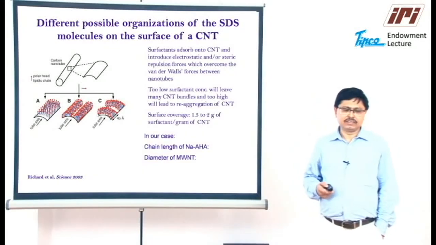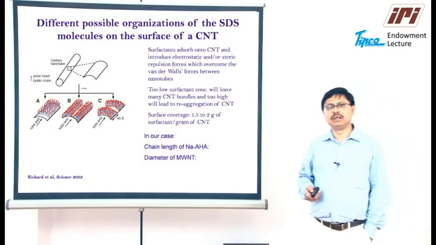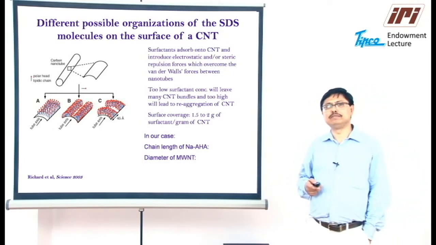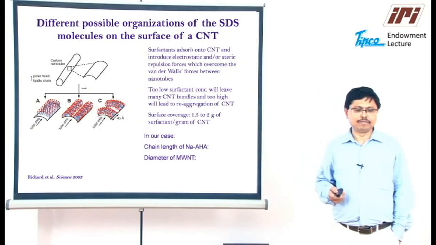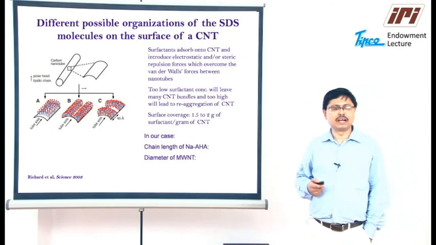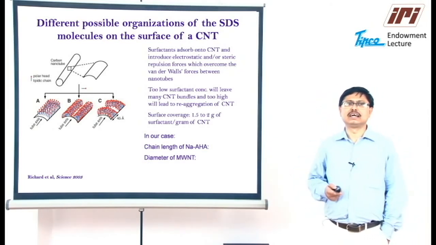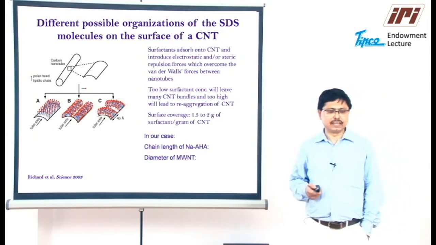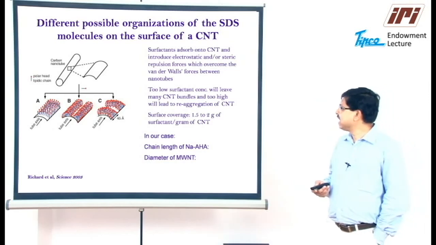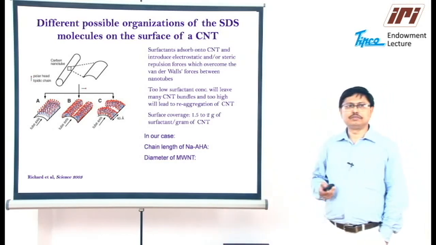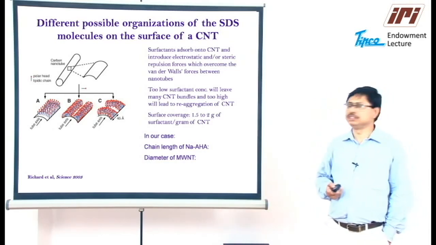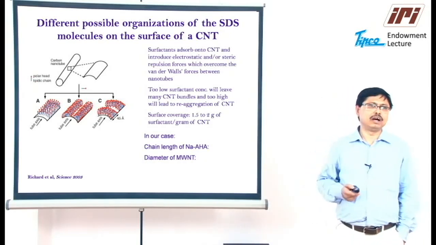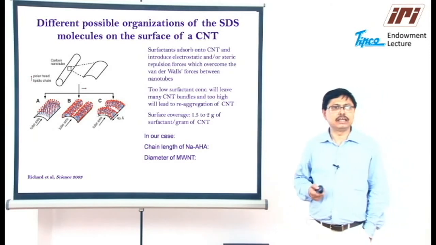We also tried to understand in this particular case what would be the role of NaHA, the novel modifier which has been developed at IIT Bombay in our lab, and what would be the possible organizations if we consider a classical surfactant like SDS molecules on the surface of the carbon nanotubes. One can find that they can cover the surface of the carbon nanotubes in various ways as depicted in the picture, where the polar end will be up and the hydrophobic end will be attached to the nanotube surface.